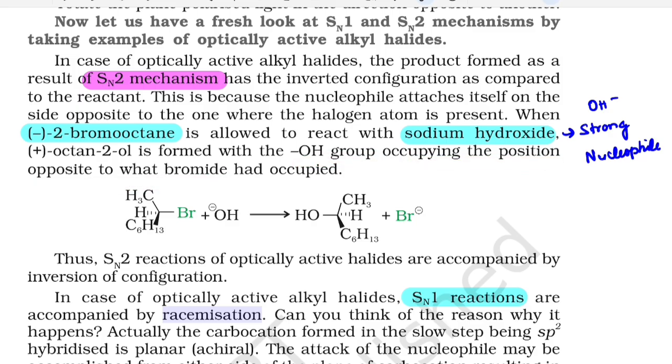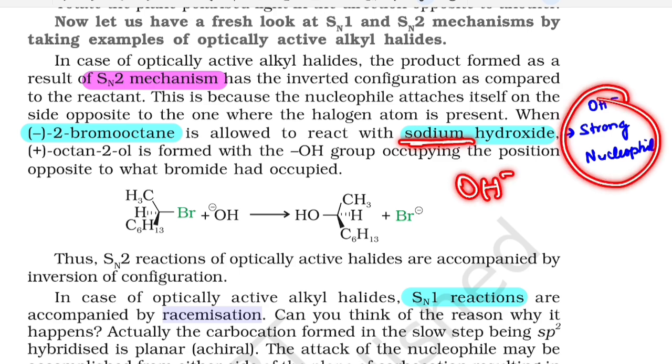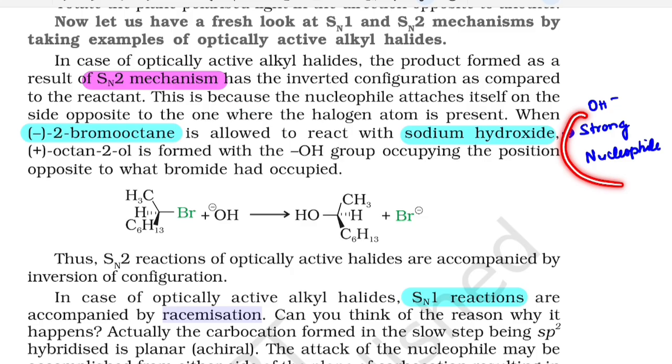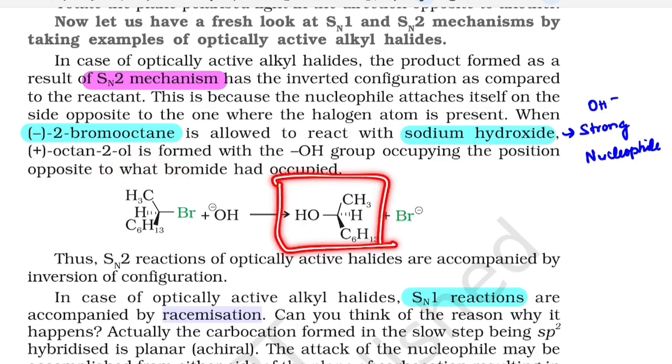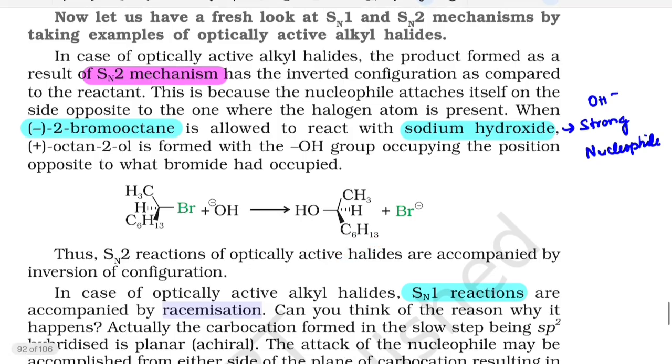Sodium hydroxide will produce OH minus, which is a strong nucleophile. Always remember, a strong nucleophile will show SN2 mechanism. So OH minus will attack this carbon from behind. Therefore, you can see the configuration is going to change. Inversion of configuration will take place in SN2 mechanism.